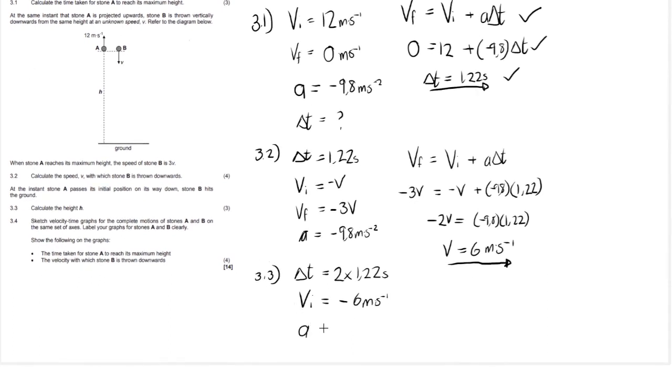I have the acceleration, it's negative 9,8. What I'm looking for is my change in height, that is delta y. Do we have an equation that includes these four variables? Let's have a look. Change in time, acceleration, initial velocity, and change in y.